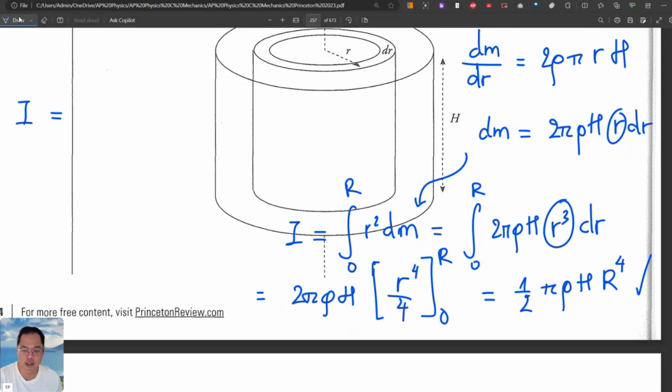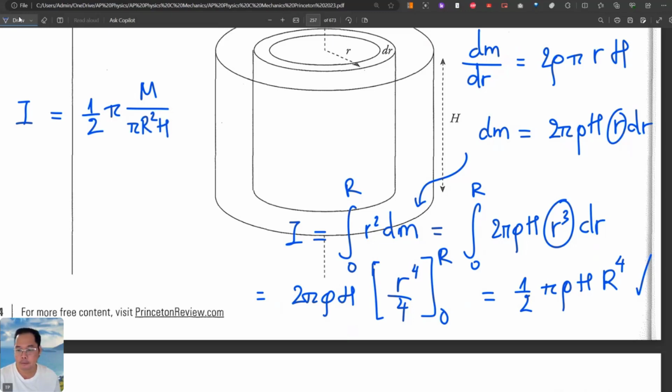cylinder is, we're going to convert this using rho. Calculate rho as well. The density rho is the total mass over the volume of the cylinder. The volume of the cylinder is pi r squared times h.